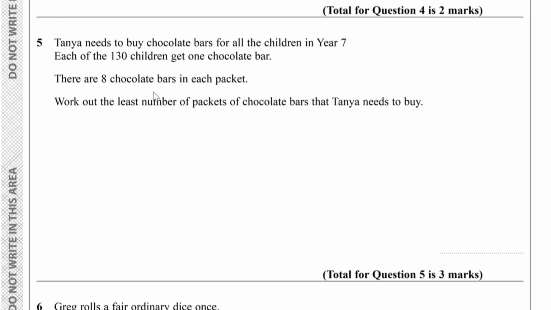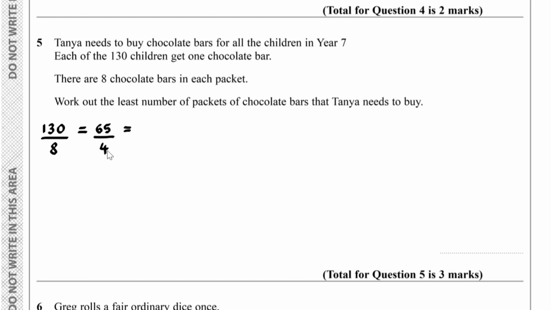So to find out how many packets we need, we work out 130 divided by 8. Because both the top and the bottom are even numbers, we can divide the top and bottom by 2, leaving us with 65 over 4.